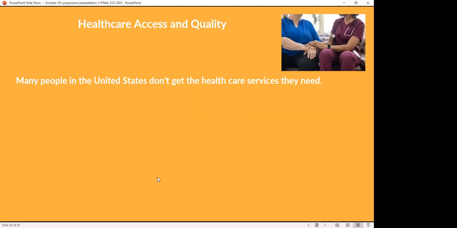Okay, so moving along with the other determinants of health, healthcare access and quality. Many people in the United States do not get the healthcare services they need. What does that mean?